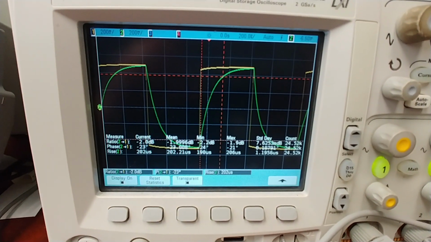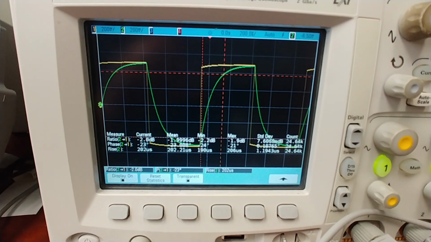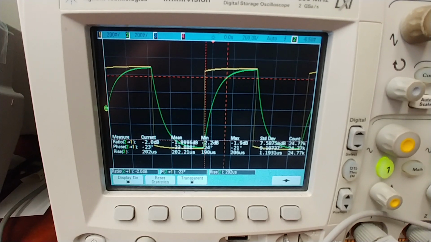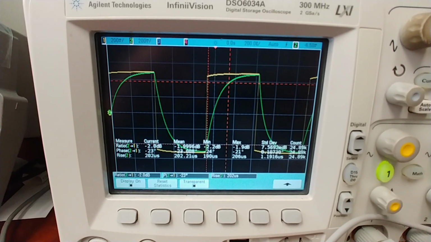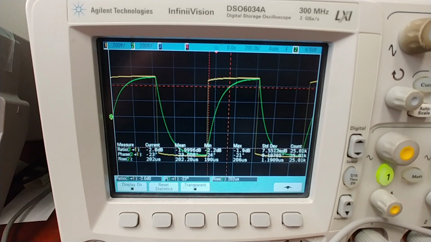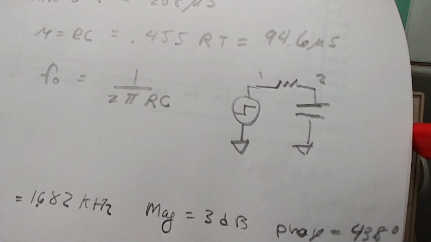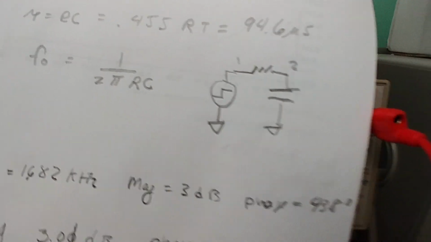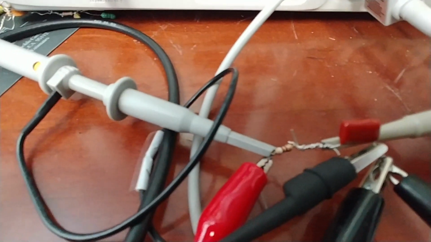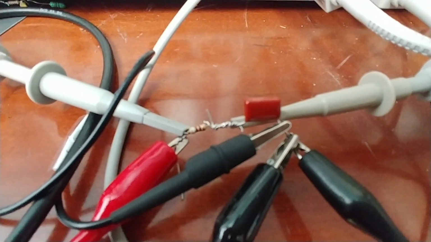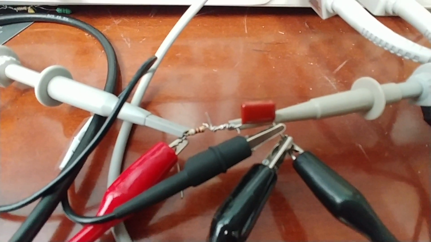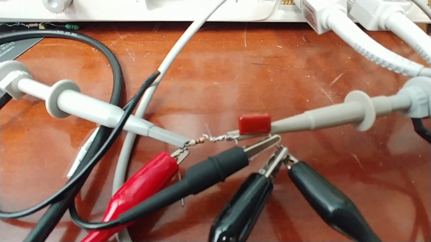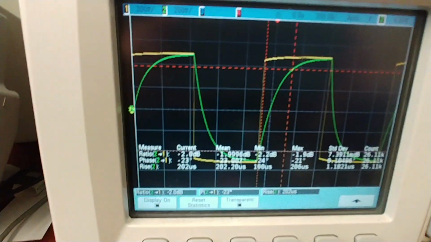What I'd like to do today is show you some methods to measure the time constant of a first order RC circuit. Just for a quick review, there's a first order low pass filter circuit, and over here we can see the RC connected up with the function generator and the circuit.